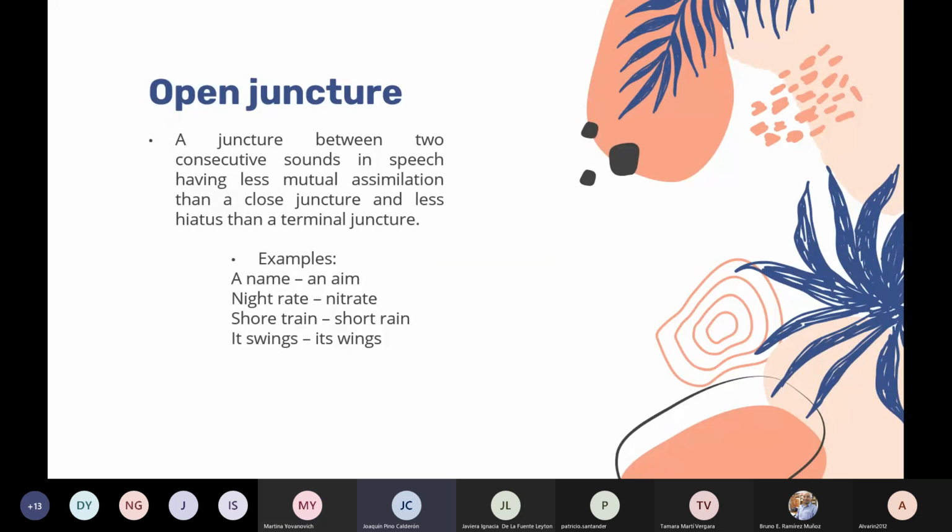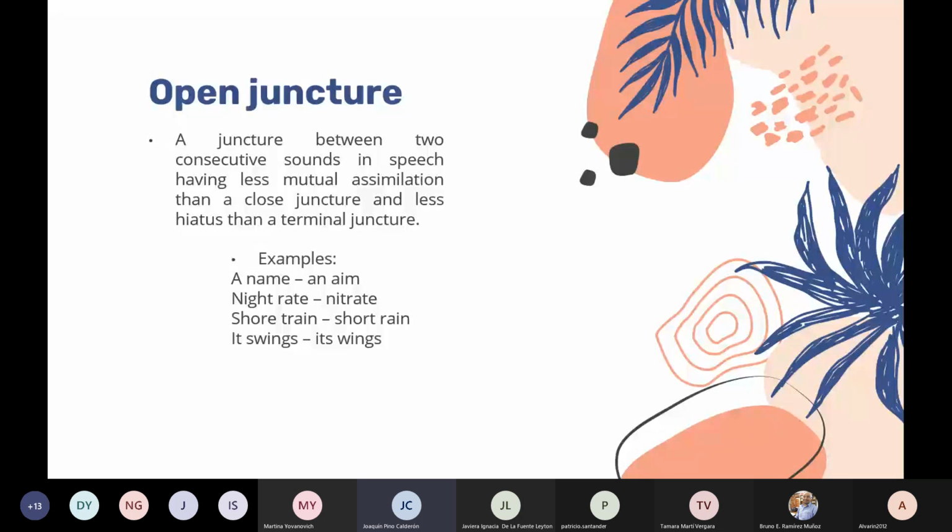Well, hello everyone, Joaquin here. The open juncture: a juncture between 2 consecutive sounds in speech having less mutual assimilation than a closed juncture and less hiatus than a terminal juncture. It is movement which is not continuous. There is a slight stoppage of the last sound till it blends with the next. Here we have 4 examples that can explain simply how this works.